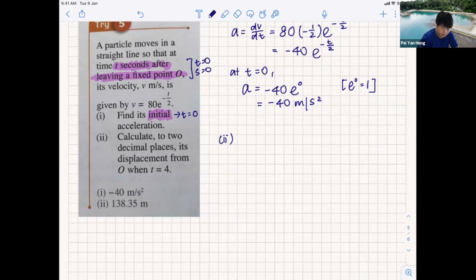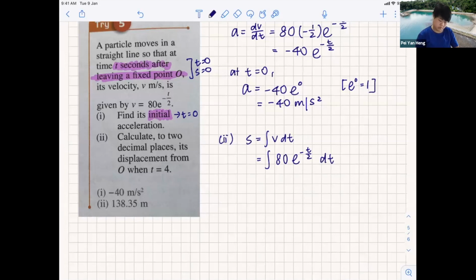Okay, we are looking at displacement. So s will be integrate v with respect to t. So we are going to integrate 80t e to the power of minus t over 2, with respect to t.